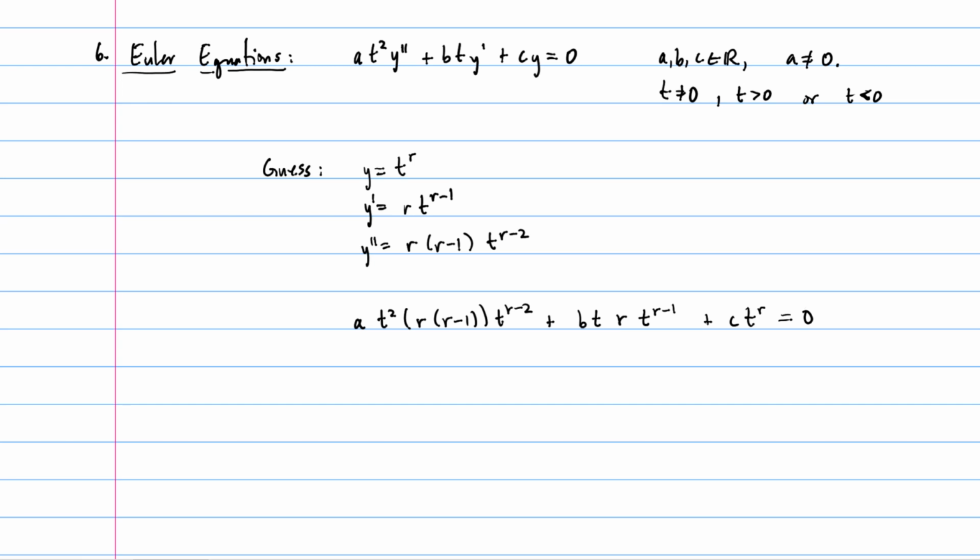And now we notice that as we look at these, t squared times t to the r minus 2 combines to just be t to the r. And same thing with the middle term, t times t to the r minus 1 combines to just be t to the r. Here we have t to the r. Let's just assume t is positive here, right? Then look what we have.